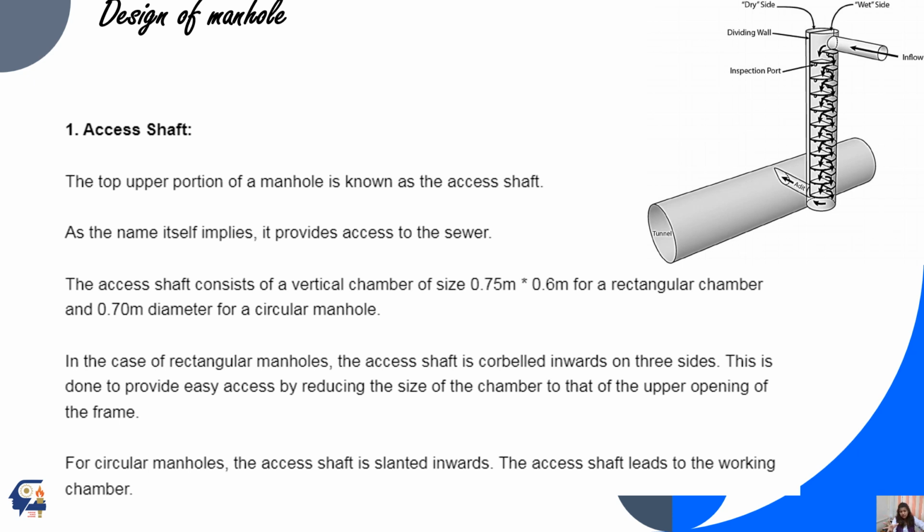In the case of a rectangular manhole, the access will be corbelled inwards on three sides. This is done to provide proper access by reducing the size of the chamber to the opening of the frame. Next, for circular manholes, the shaft is always slanted inwards. Based on this, the chambers have been designed.